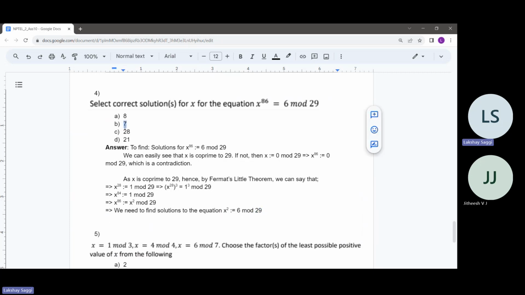Similarly, whether 7 square or 28 square or 21 square does, and something like that can easily be checked. So one way is to proceed like this: you find out x square is 6 mod 29 and then just check all the options.